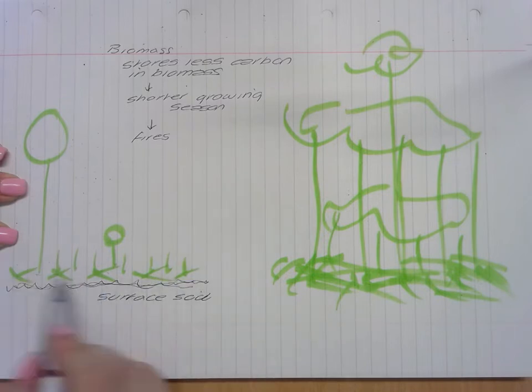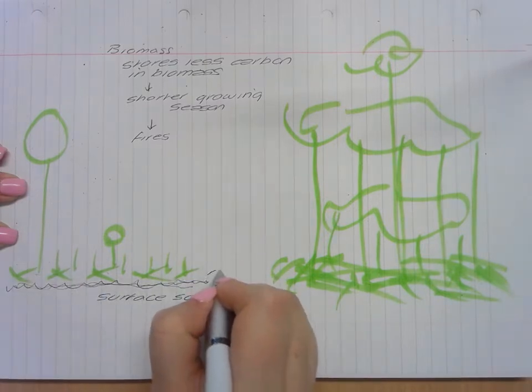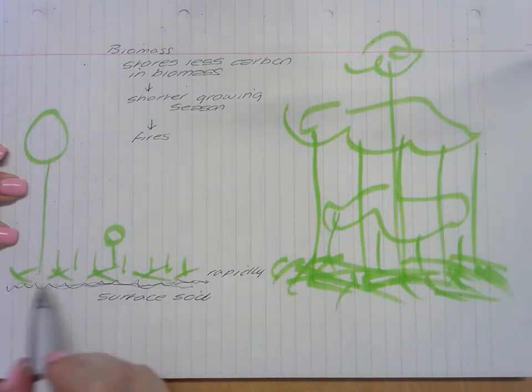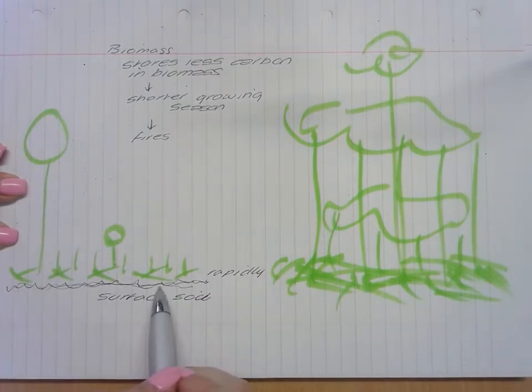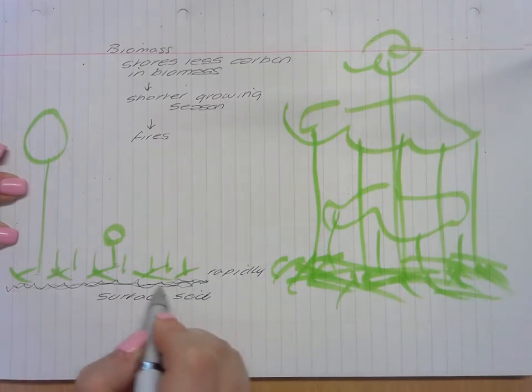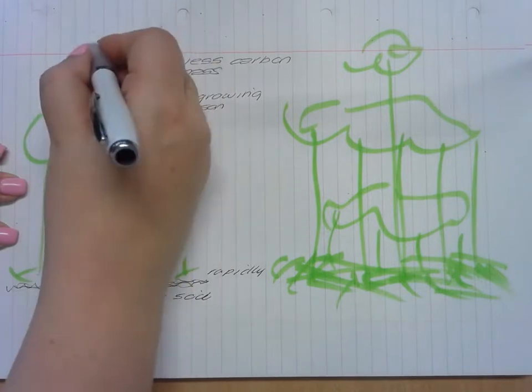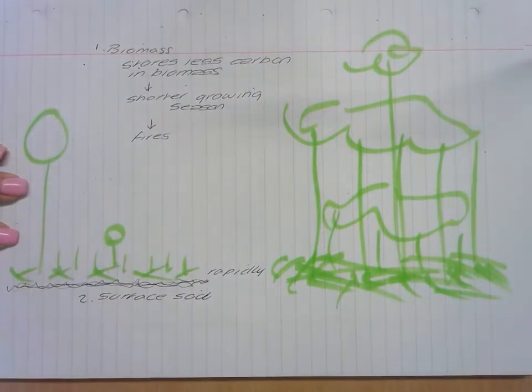So all of this biomass here is breaking down quickly because there's a high temperature. So it breaks down, and another store of nutrients within the Savannah grassland is in the surface soil. Okay, so one store there, there's another store there.